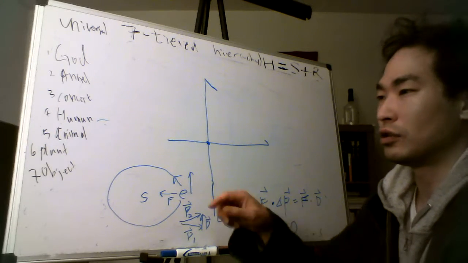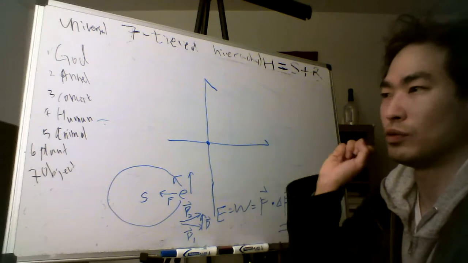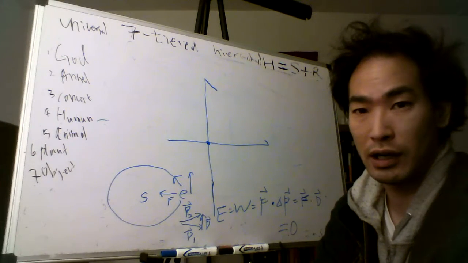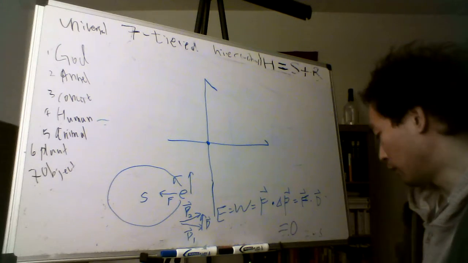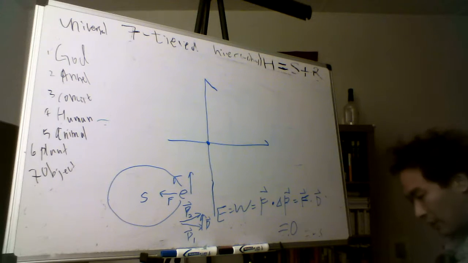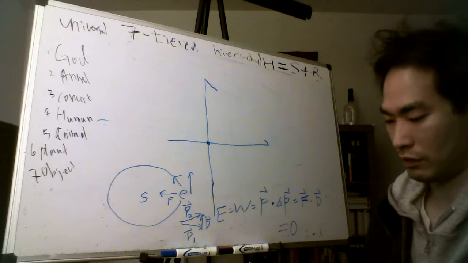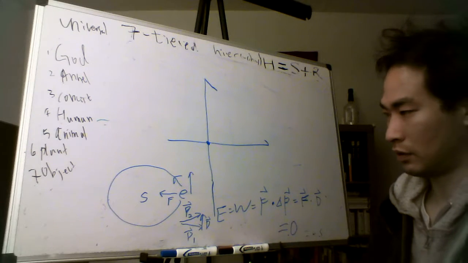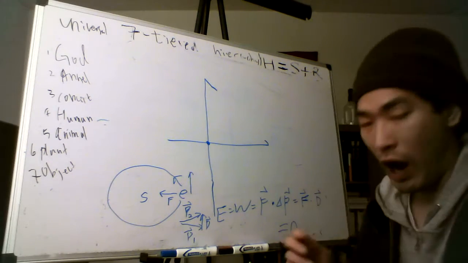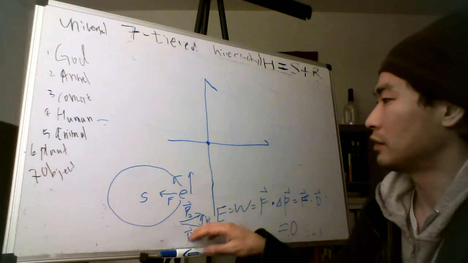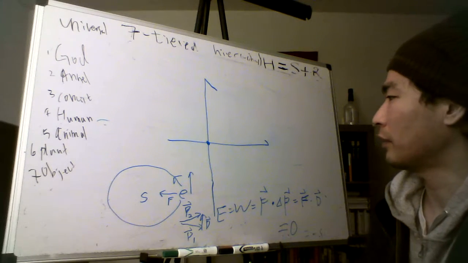Okay, so it's just like pushing some object, it goes forever with constant speed due to inertia. You know, Newton's law of motion, inertia. Okay, it goes round and round forever. Why? It's because of this perfect balance.